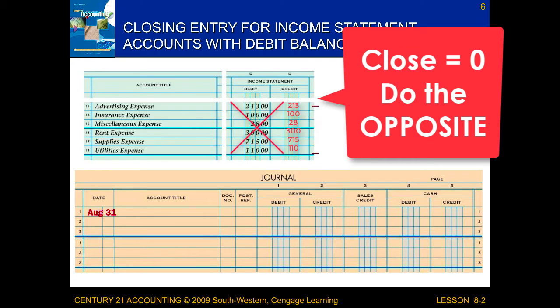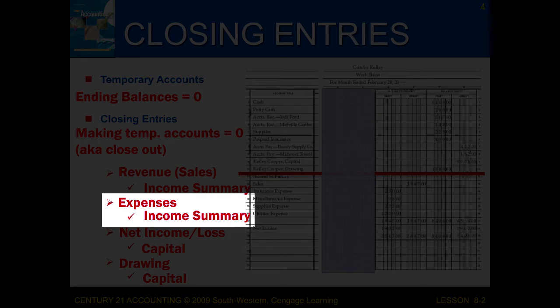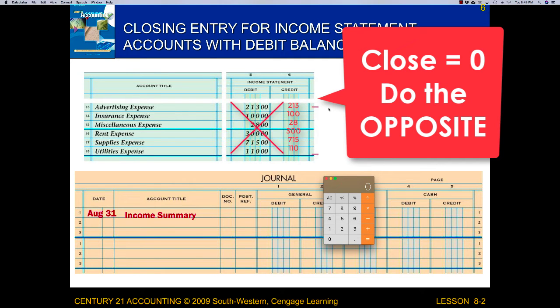Therefore, I need to list my opposite account first, which again, if I go back to my cheater slide in my notes, is income summary. That's where I'm going to dump everything. What I actually need is the total of all of my expense accounts, because I'm going to drop just one number into income summary rather than making you write out 6 different expenses.